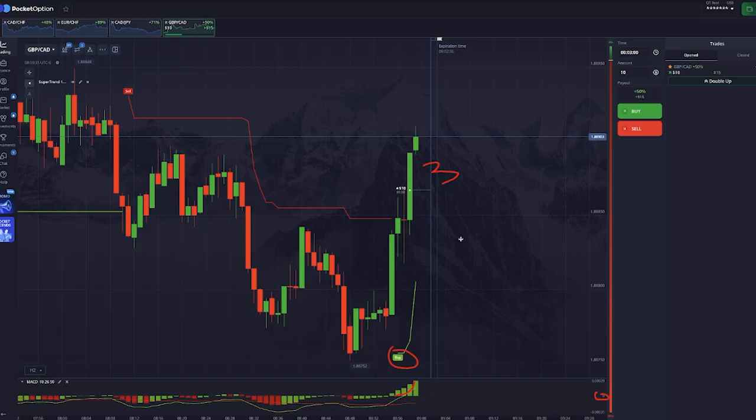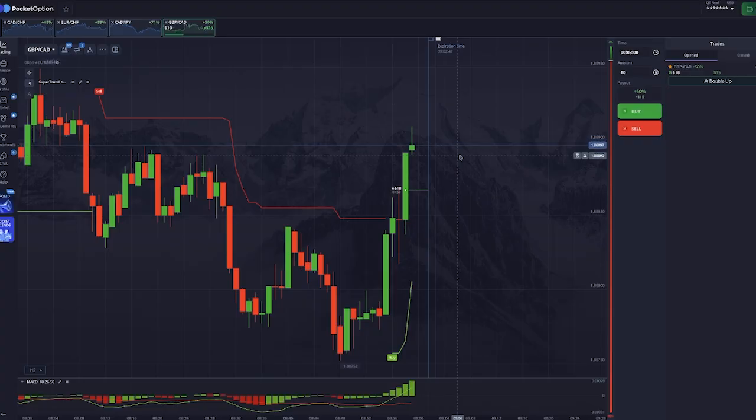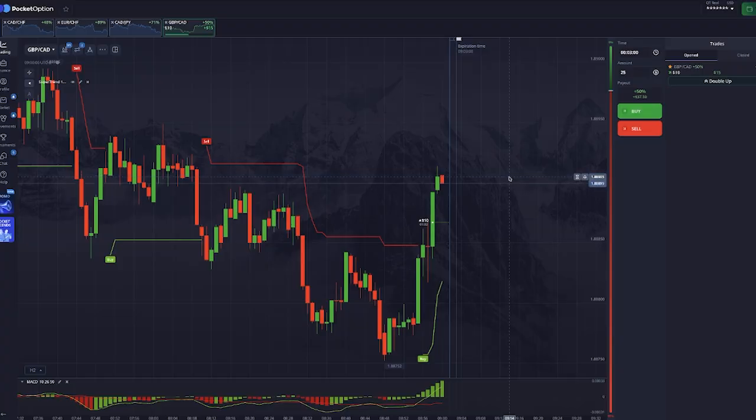Simple. You don't need too much experience to use this strategy, just like you saw in the first trade that I made. So it's very simple, right? You don't need too much experience. You don't need to stay all the time watching the market. You can do this on your own, following these simple steps for binary options.